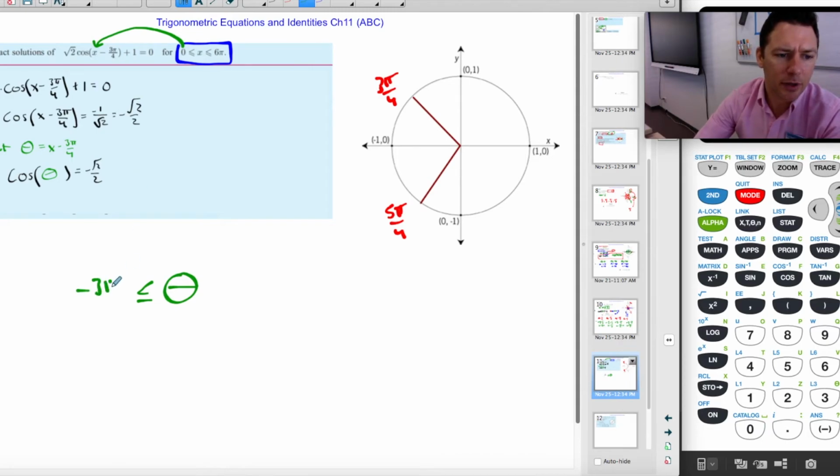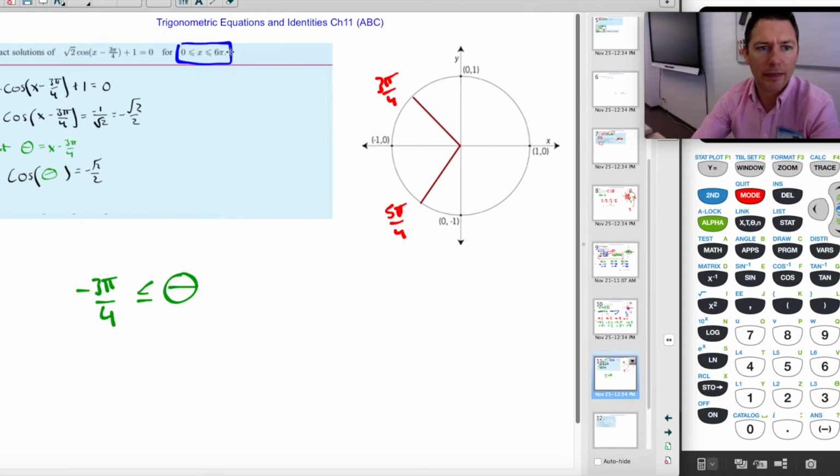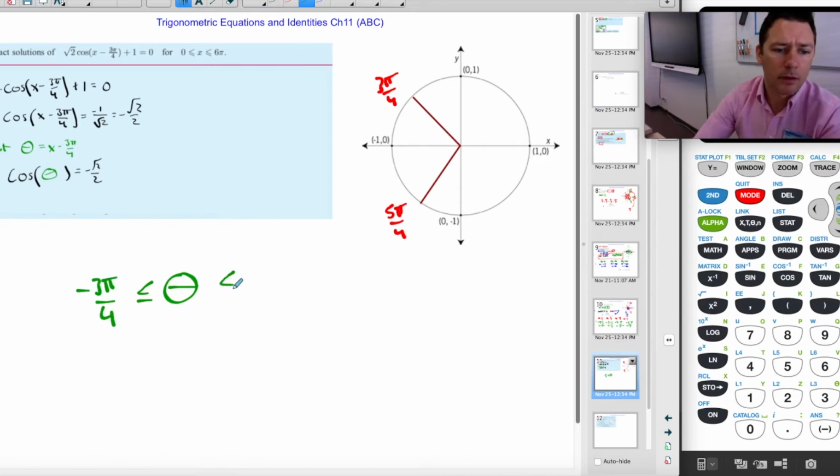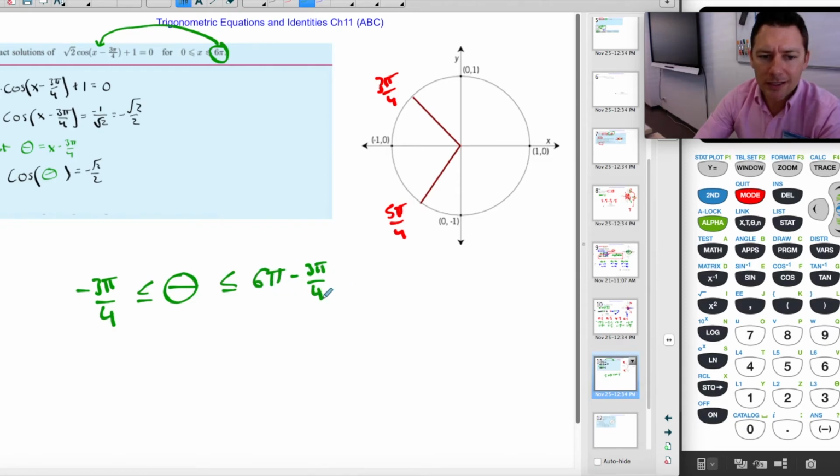So minus 3 pi fourths is theta's minimum, the minimum of the guts. At the maximum, theta is when x is at its maximum, so throw that in there. That's pi sixths minus 3 pi fourths.